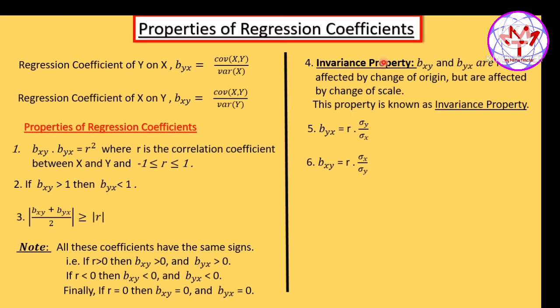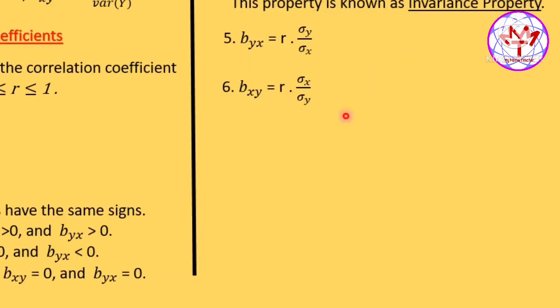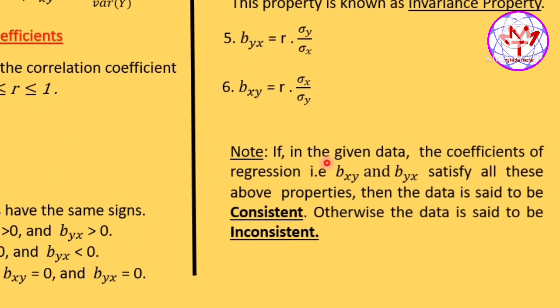So these are the 6 properties that the regression coefficients possess. Now, if any of these properties is not satisfied by the coefficients in the given data, then the data is said to be inconsistent.